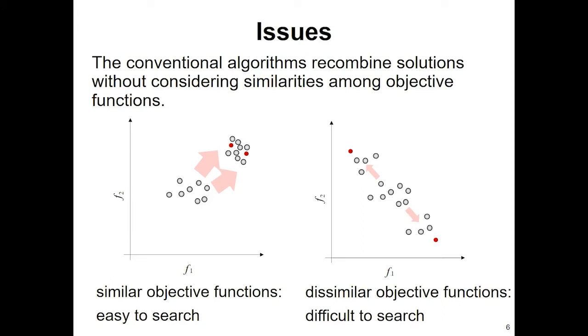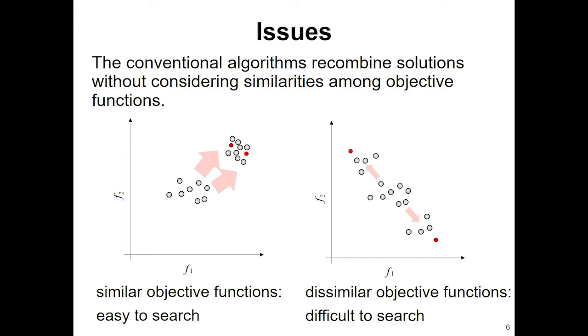In the study of evolutionary multifactorial optimization, the conventional algorithms recombine solutions without considering similarities among objective functions. The ease with which the search proceeds depends on the similarity of the objective functions. The recombination of solutions with scale factors of similar objective functions encourages optimization of their objective functions.